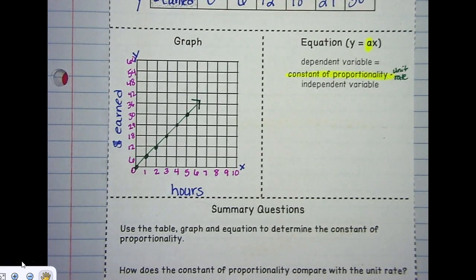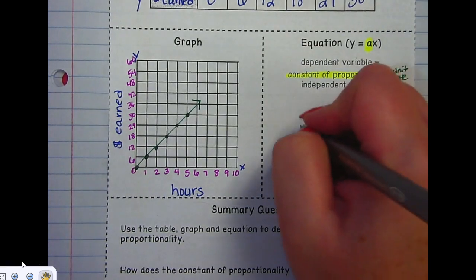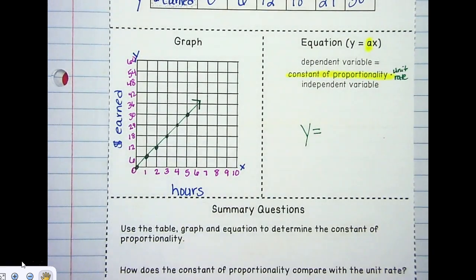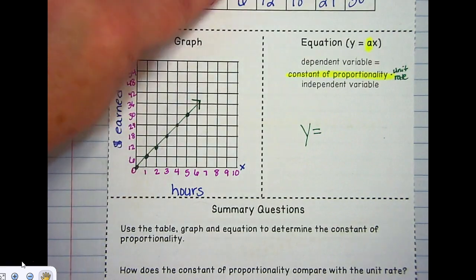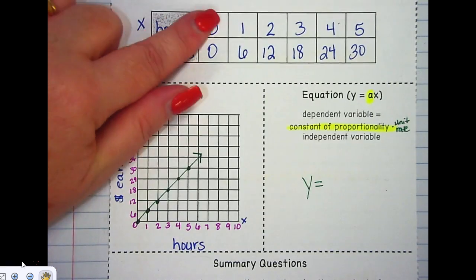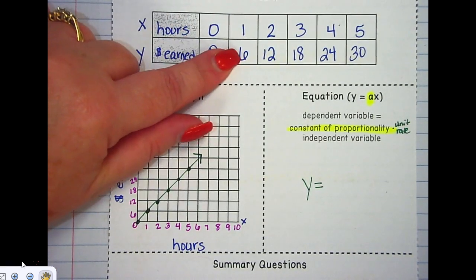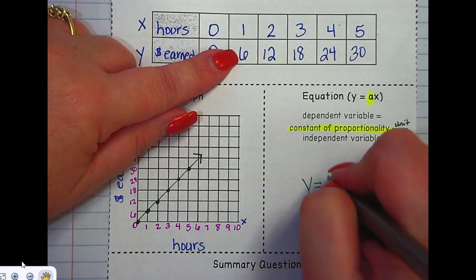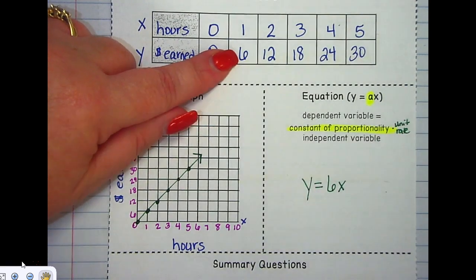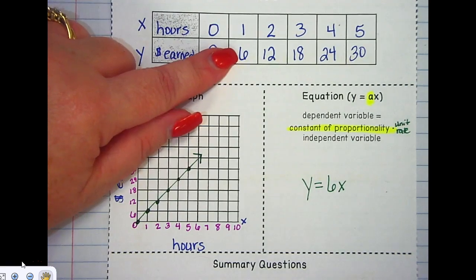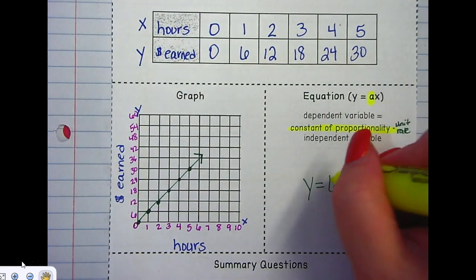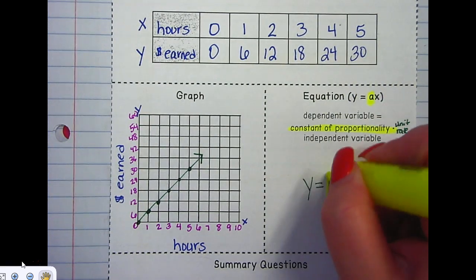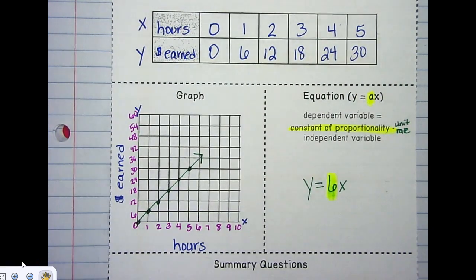So I can now write an equation to match this problem. That is y equals, what did we say our unit rate was? Where our 1 is? What's our unit rate? $6 per hour. So y equals 6 times the x. So the one thing that we had to find to be able to write an equation is you had to be able to find the unit rate.